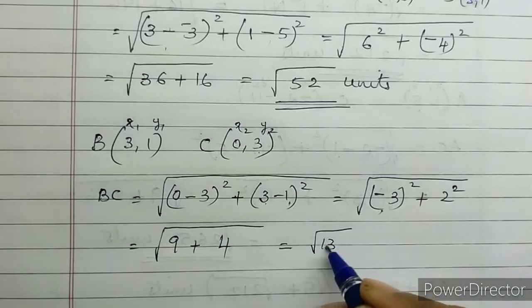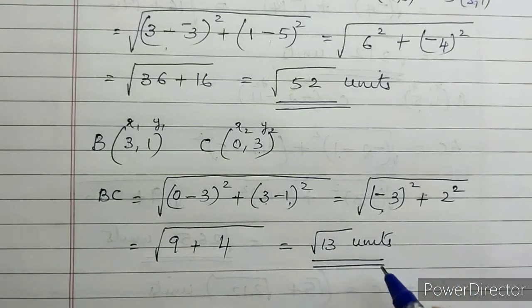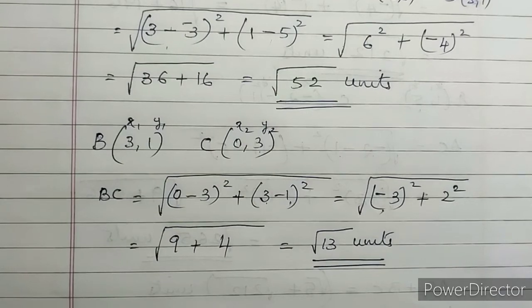It is square root of 13 units. So first one you got square root of 52 units, second one you got square root of 13 units.